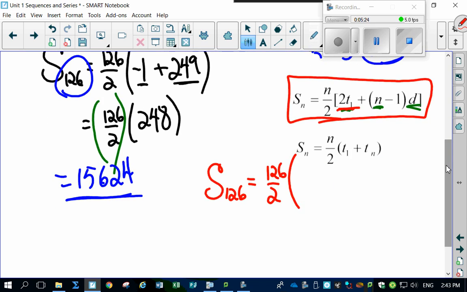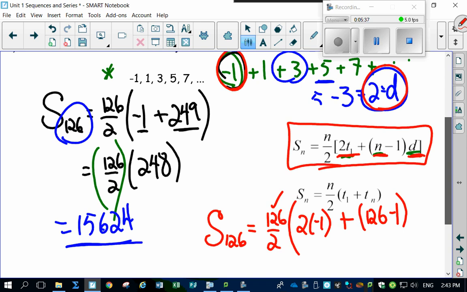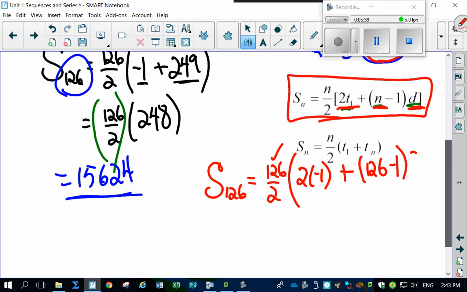Okay, so 2 times minus 1 plus n. Well, n is 126 minus 1 times d. Do you remember d? No, neither do I. Oh, d is 2. Good thing we keep everything written down and in front of us. Excellent.